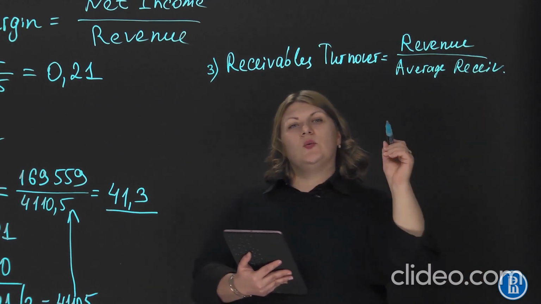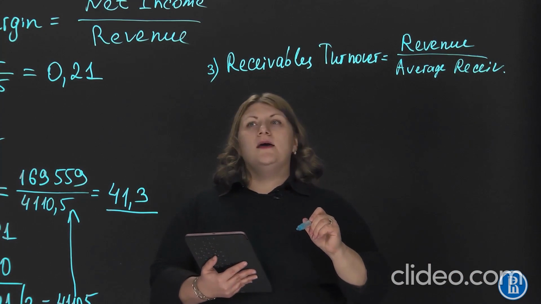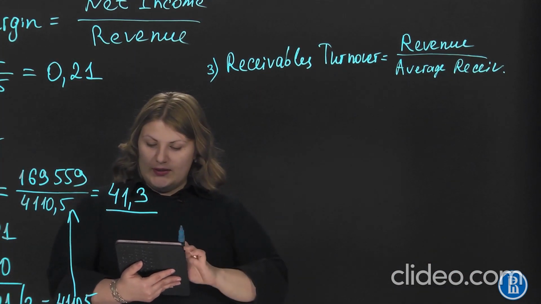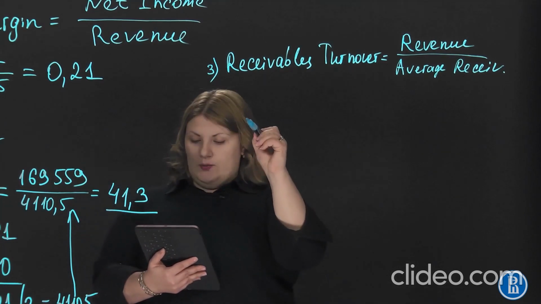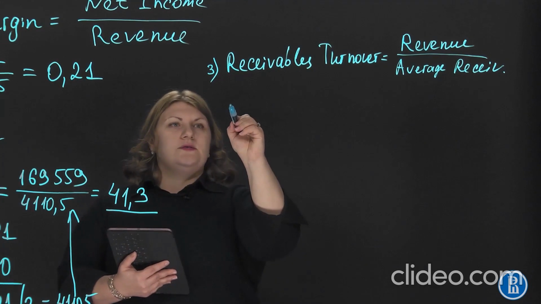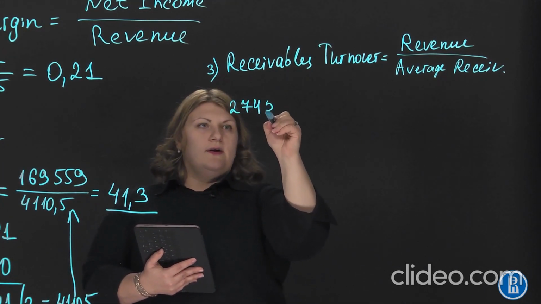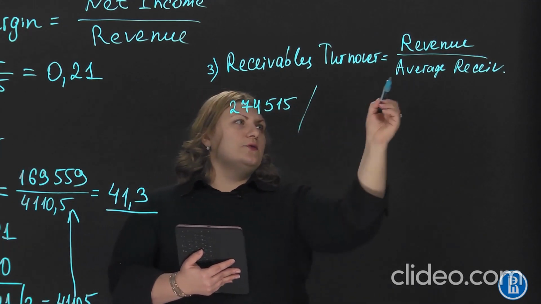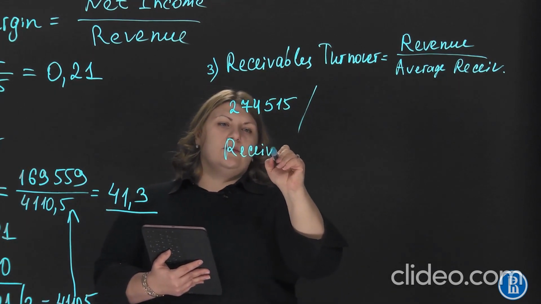Once again, we will be looking here at our average figures. Now, what we have for Apple company for 2020 is revenue of 274,515.